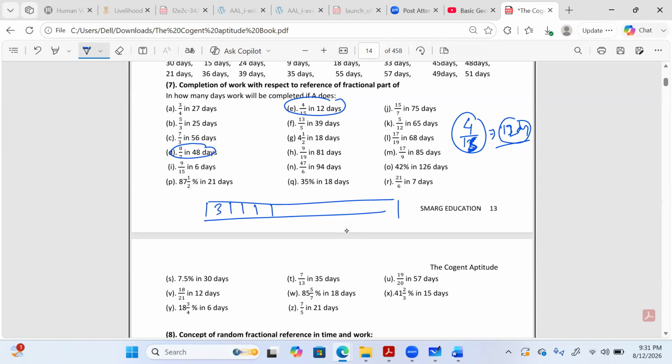So each part will take 3 days. For all 15 parts, how much time will it take? 15 into 3, 45. Or you could have directly done it like 12 into 15 divided by 4.